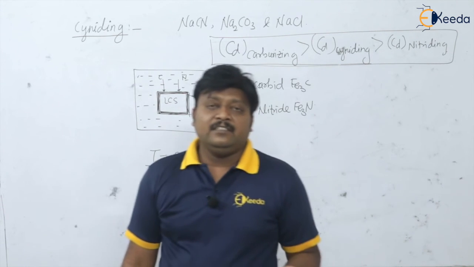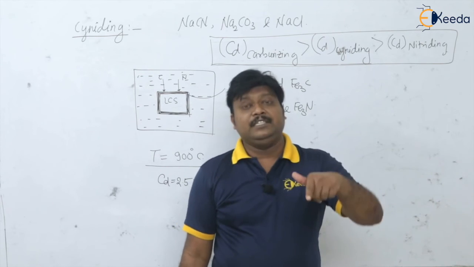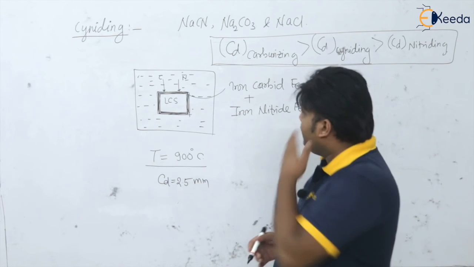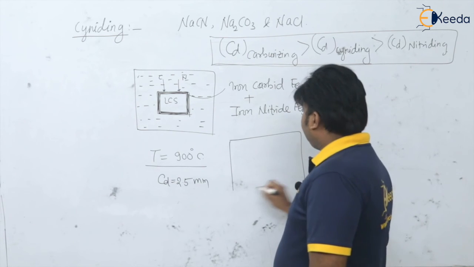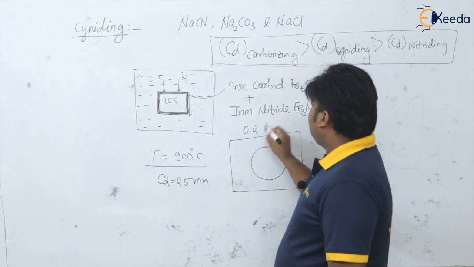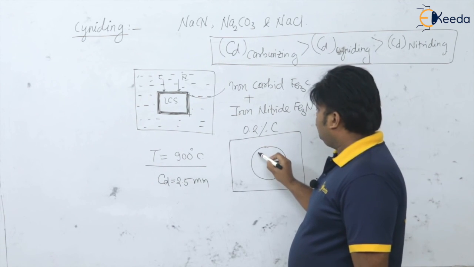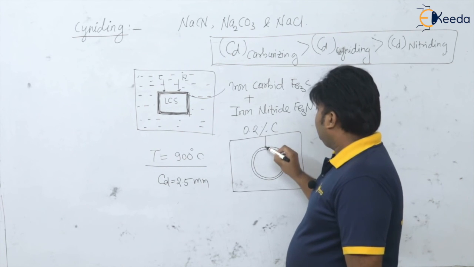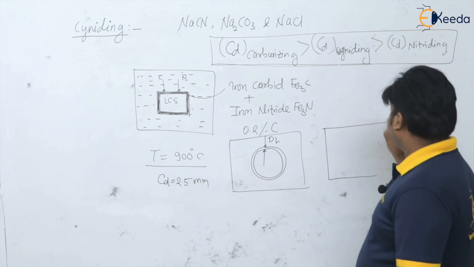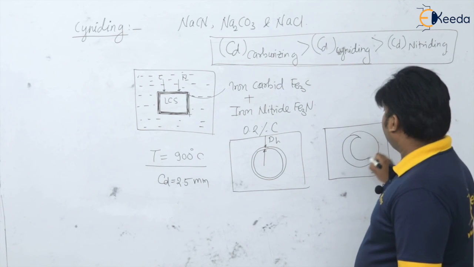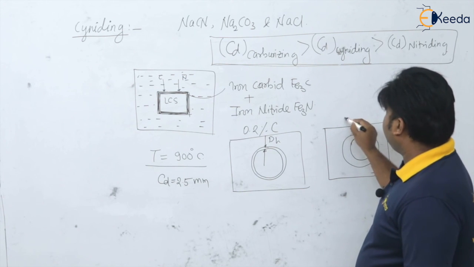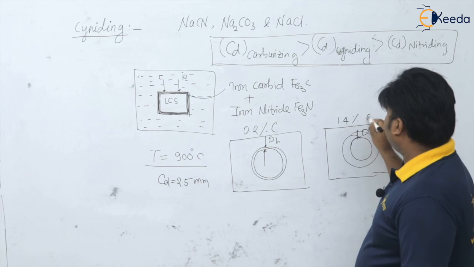Now we have also seen the comparison for the depth of hardenability, if you remember. As we have seen in the Jominy end quench test, if you have low carbon steel, say 0.2% carbon, we are getting very little depth of hardenability, but when the carbon percent goes on increasing, we get the maximum depth of hardenability, say at 1.4% carbon.